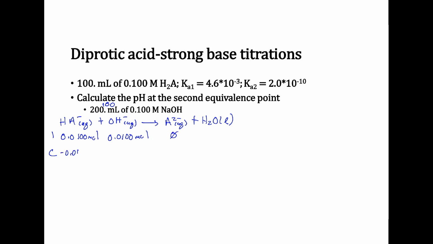Okay, so now we'll subtract off. So the only thing we're left with here is that conjugate base A2 minus. So at equilibrium, no HA minus, no hydroxide, we have A2 minus.